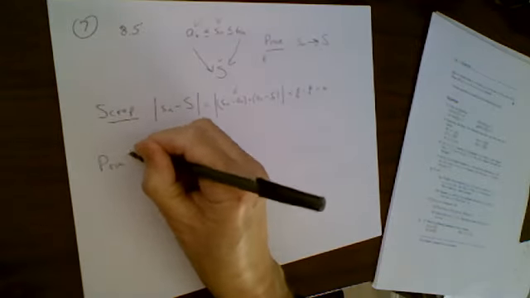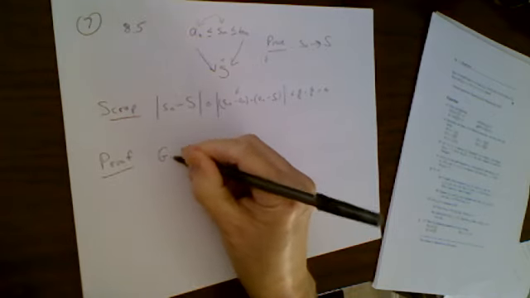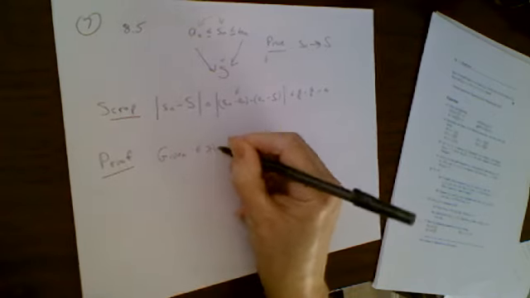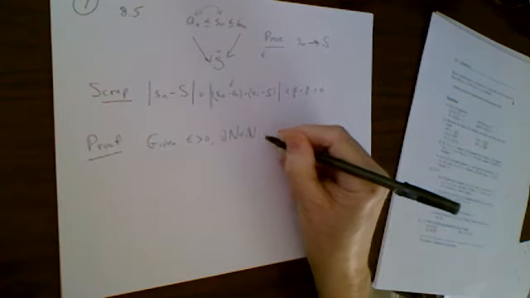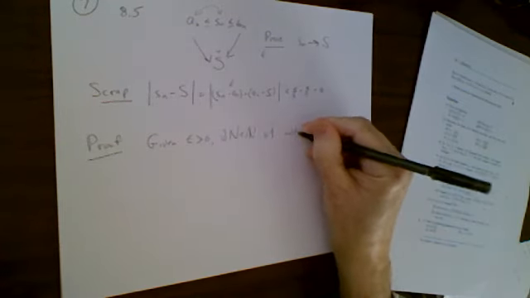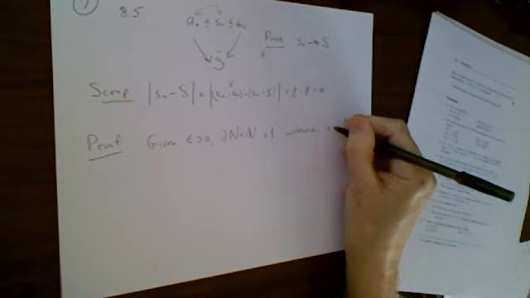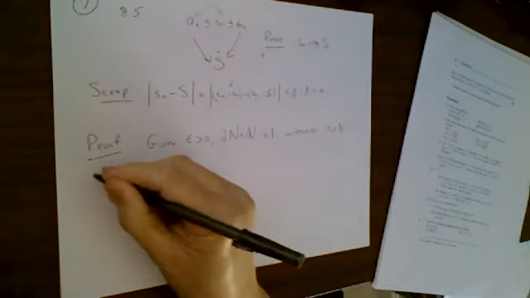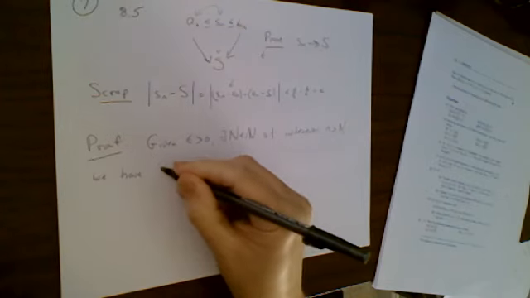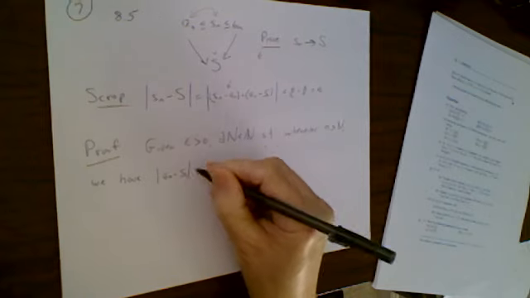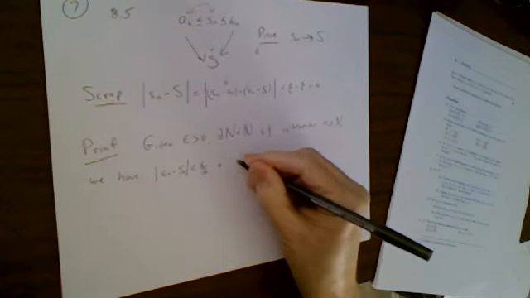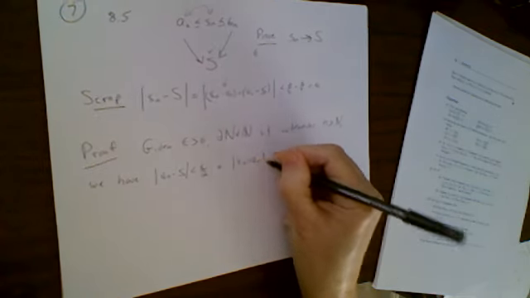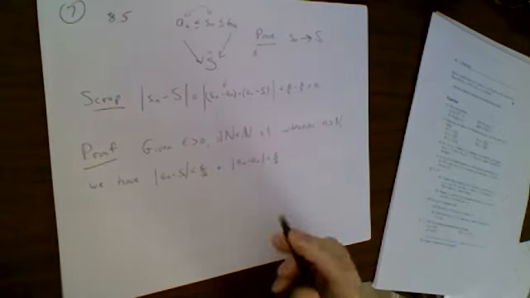So for the proof: given epsilon greater than 0, there exists a capital N in the natural numbers such that whenever we're past the nth term in the sequence, we have this is less than epsilon over 2 because the A sub n's converge to S, and this is less than epsilon over 2 because, again, these two things can be made as close to each other as we want.